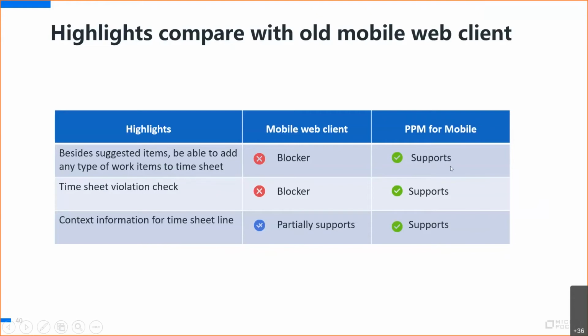You can select any type and submit any work item. Some organizations have very strict rules about timesheet policies, and there were limitations in the violation checks in the older one. Now it is completely compliant with the latest mobile checks, all the constraints for the timesheet policies, and supports them. And the last is the context information, which is also fully supported in the latest mobile.